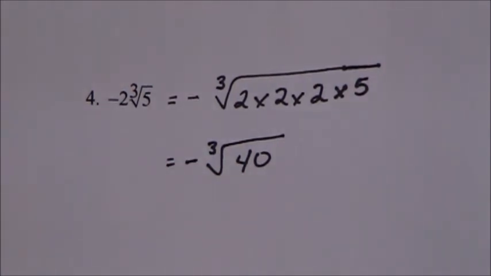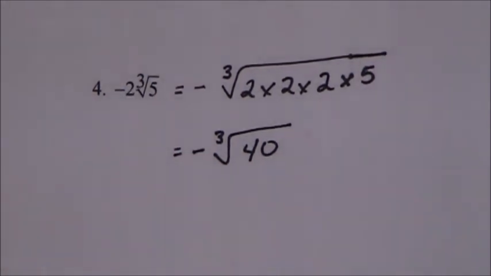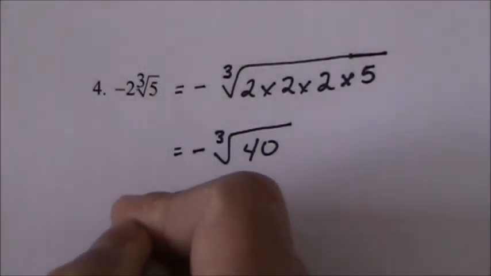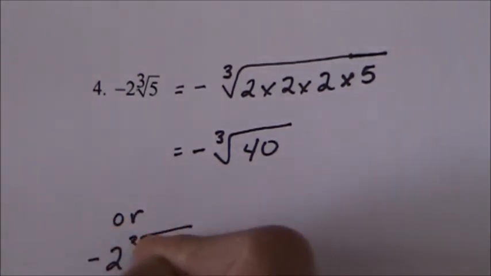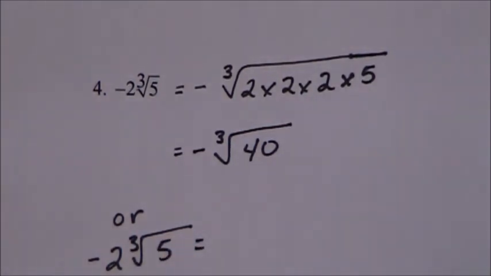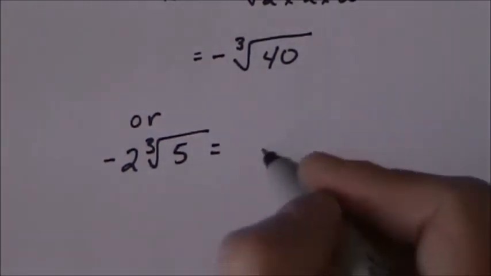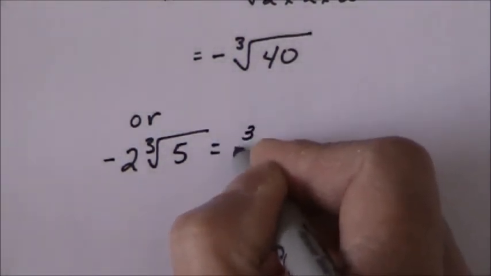Our other option, if you think about what the radical sign is saying, is that a cube root asks what number times itself 3 times will get us the radicand. And for a negative, we can find a number times itself 3 times that will come out to a negative answer. So as a result, we can also do this instead. We could go negative 2 cube root 5, and that would be equal to bringing our negative underneath.